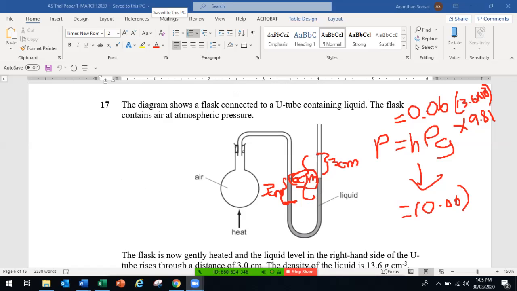Okay, pressure difference. It's a manometer. Any other question? No, that's all. Wait, let me check.